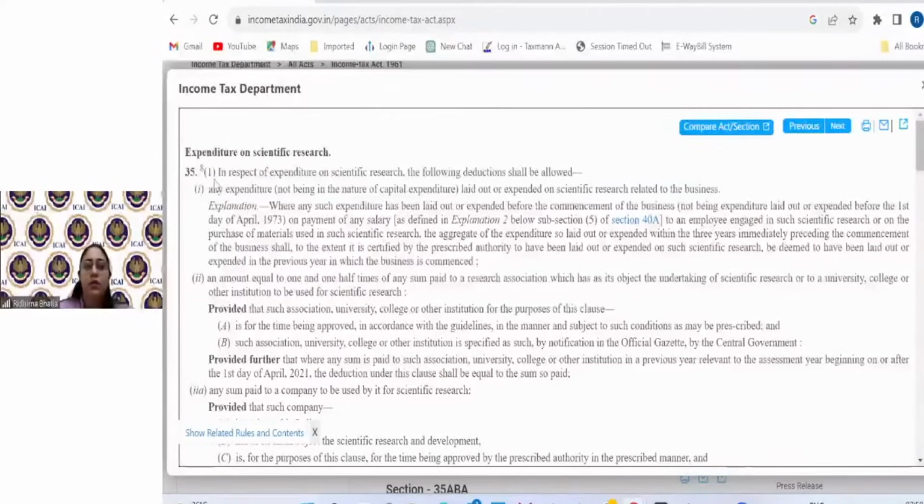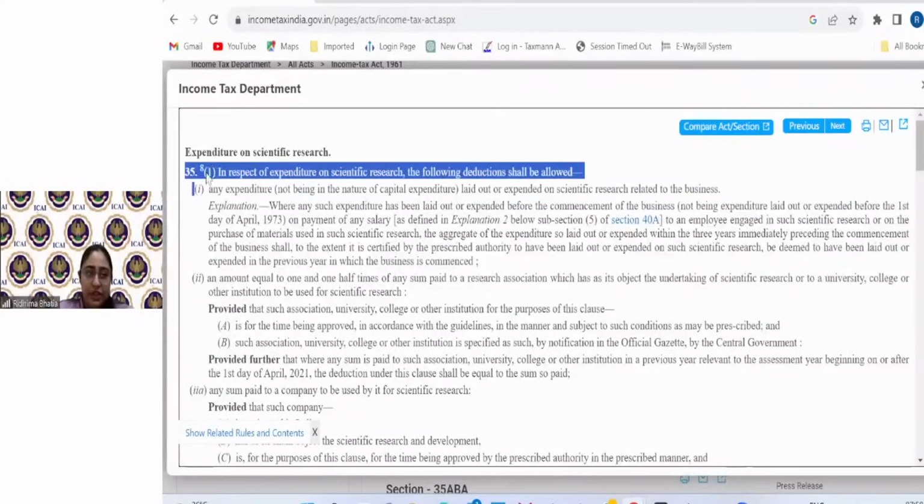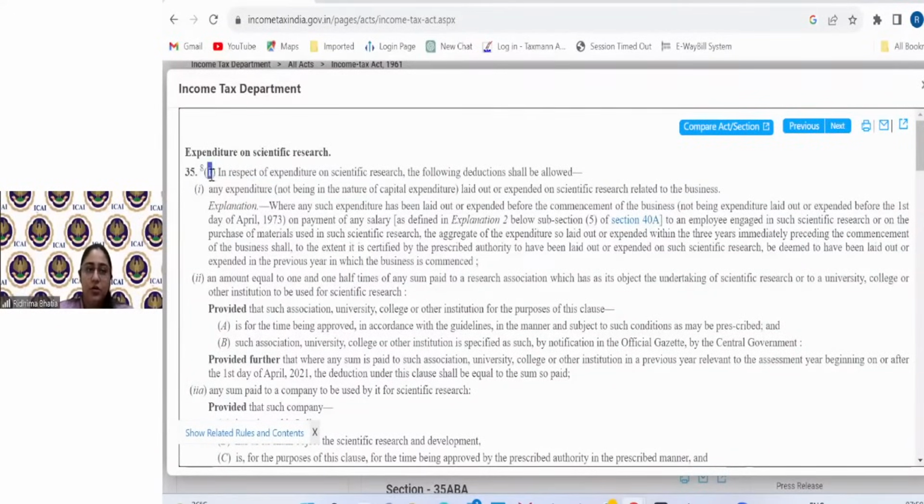This is called a clause. Section, subsection, and then this is called a clause, guys. Clause means clause 1 of Section 35 subsection 1. Now if there is something further ahead of this, any further division to it would be called a subclause. Okay, section, subsection, clauses, subclauses.